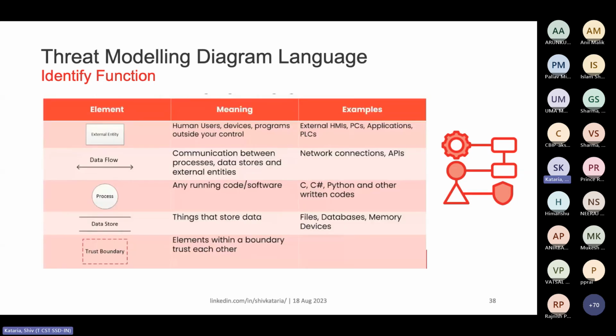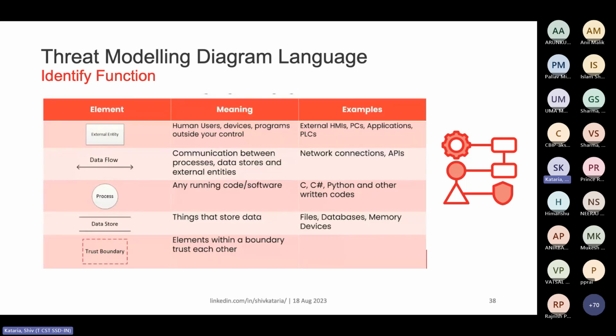So this is purely a literature exercise. When we do threat modeling, there are a few things we need to understand about how to represent it on paper. When you are doing the threat model, these different elements or symbols are used. A rectangle box is used to identify an entity, which could be a user, a device, or a program which is outside your control. Examples are HMIs, computers, applications, and PLCs.